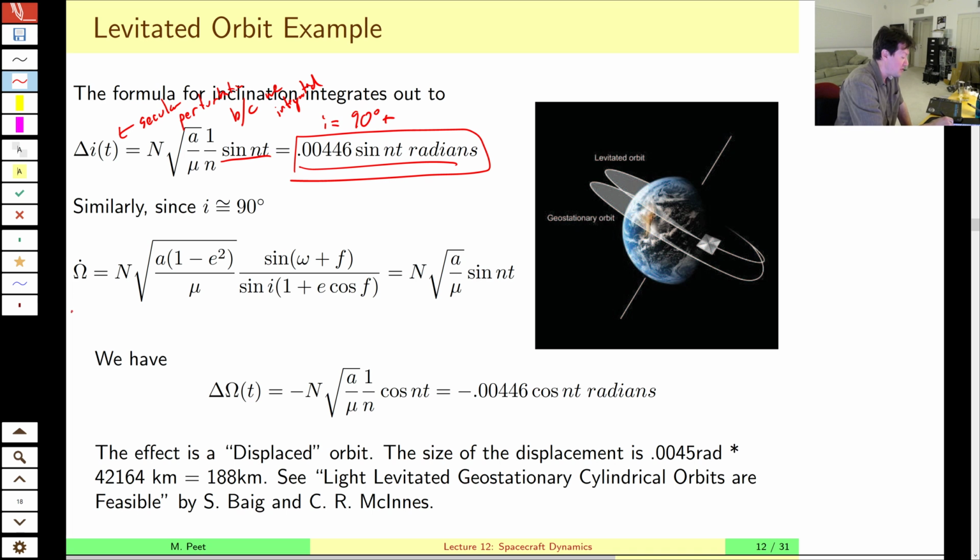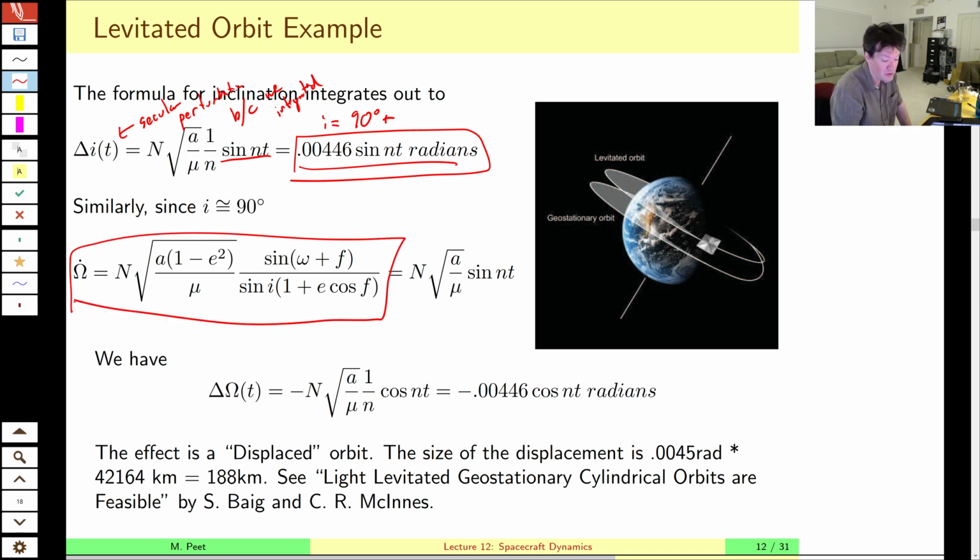Likewise, we look now at the expression for right ascension of the ascending node. So here's our orbit. This is a levitated orbit. What was I saying?